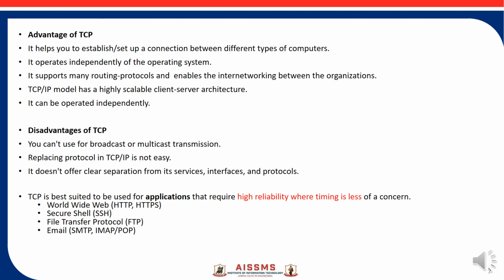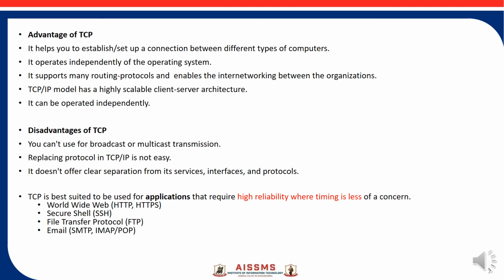So what are the advantages and disadvantages of TCP? We'll just list them down. The advantages of TCP are that it helps you to establish the connection between different types of computers. It operates independently of the operating system. It supports many routing protocols and enables internetworking between organizations. The TCP/IP model has a highly scalable client-server architecture.